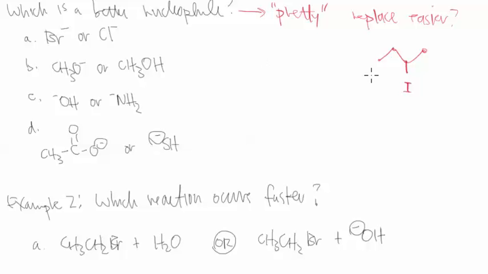In other words, if this carbon had to choose between two people, would it choose bromo or would it choose chloro to replace the iodine with? Okay, so that's just an example. I like to use iodine because it's typically at the bottom of the list, meaning the ugliest nucleophile out of all of them. Really anything should be able to go in and replace poor ugly iodine. So the question is, is bromo or chloro a little bit better?